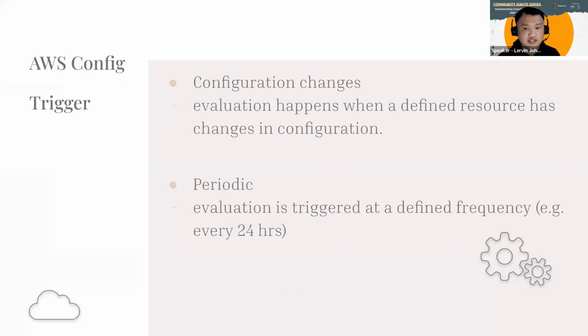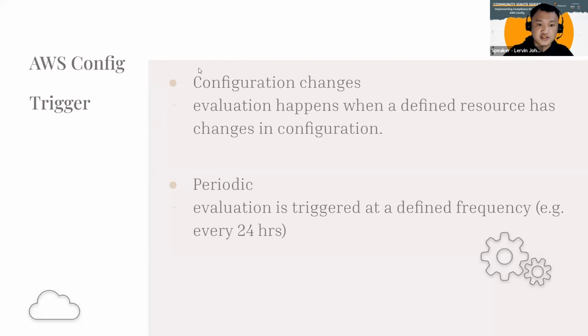So once we have our resources defined and our rules defined as well, we will do the setup of the trigger. Yung trigger, ito yung dito natin i-configure kung kailan mangyayari yung evaluation. For AWS managed rules, configuration changes yung kanyang trigger by default.